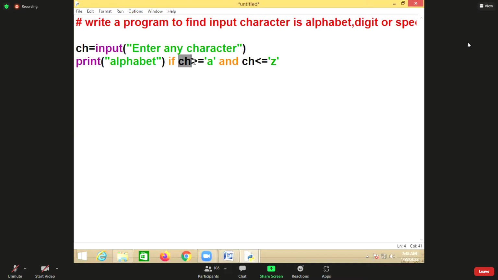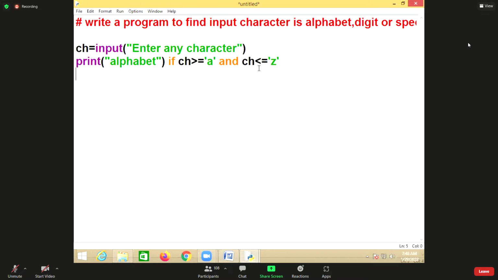But how will it compare the characters? By taking ASCII values. So character is greater than or equal to a and character is less than or equal to z. If it is between these, the first condition should be true and the second condition should also be true. So true and true becomes what here?